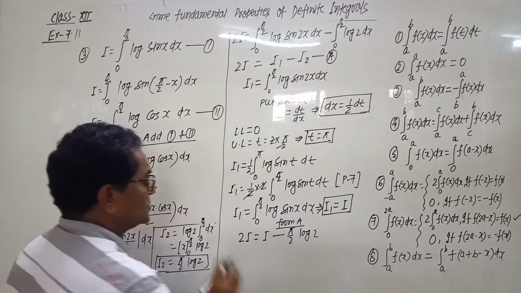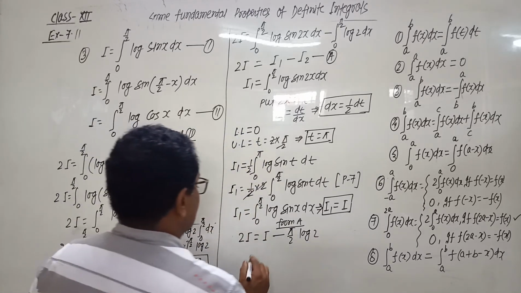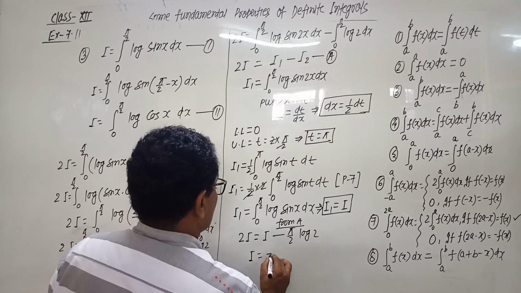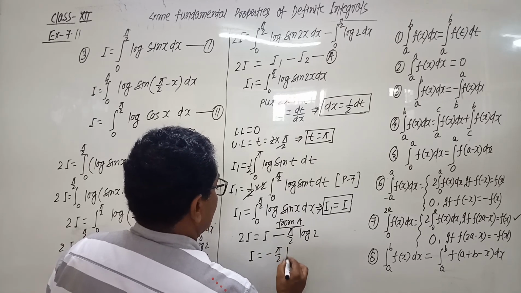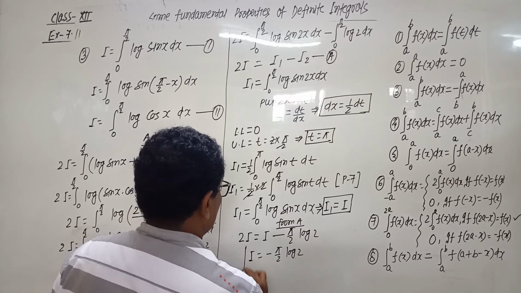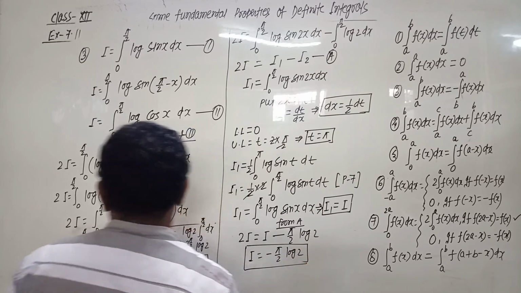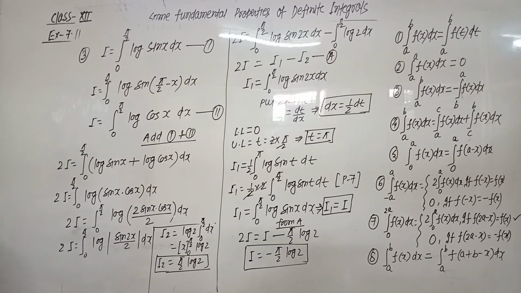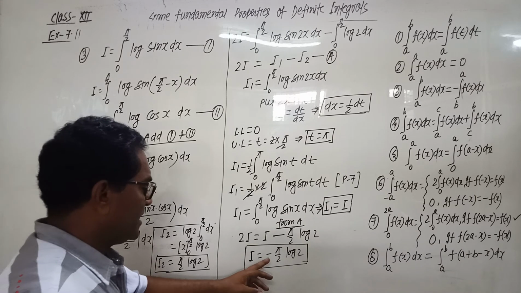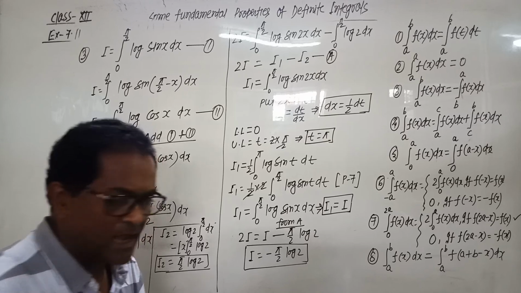So this I goes to the left side, and 2I minus I becomes I. So I equals minus pi by 2 log 2. So this is the result: integration 0 to pi by 2 log sin x dx equals minus pi by 2 log 2.